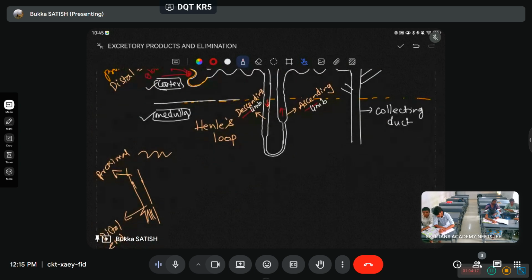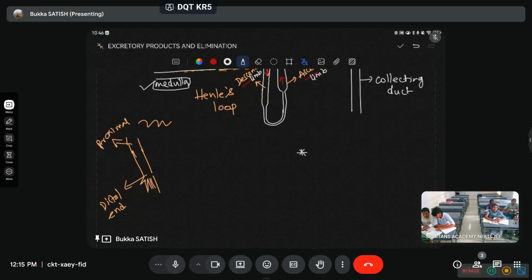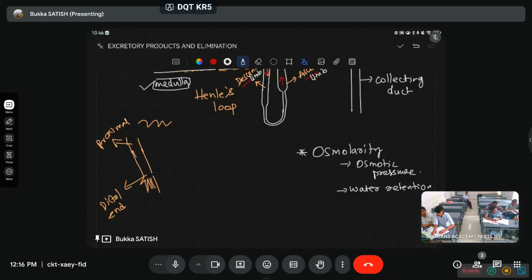Before coming to the next class, you just study about osmolarity, and how this osmolarity is related to osmotic pressure, and how this osmotic pressure is related to water retention capacity.